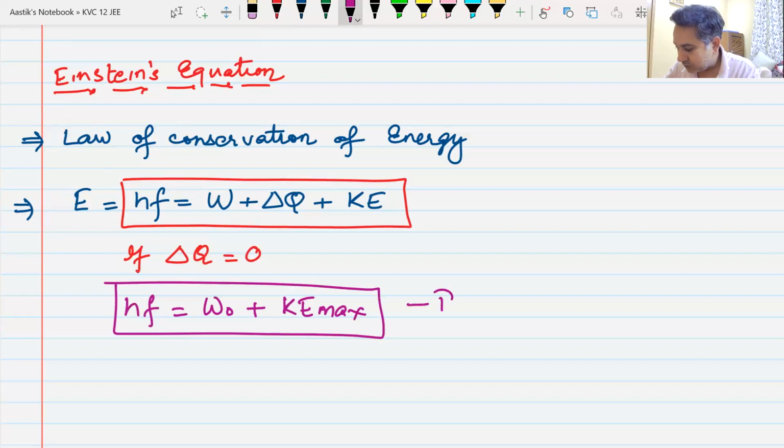This becomes your Einstein's equation. Do we understand this? Yes, sir. Now you can write this equation in various forms.